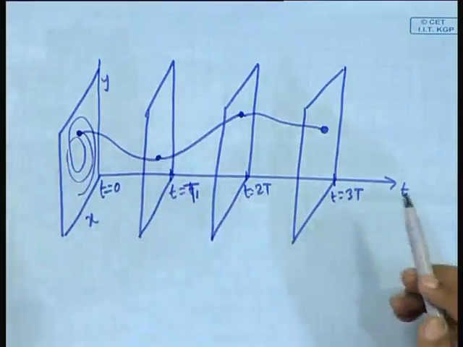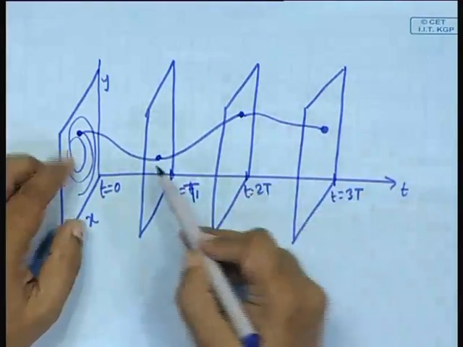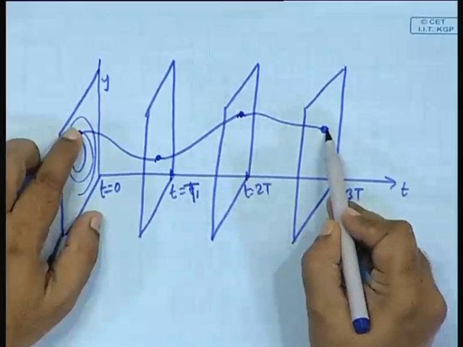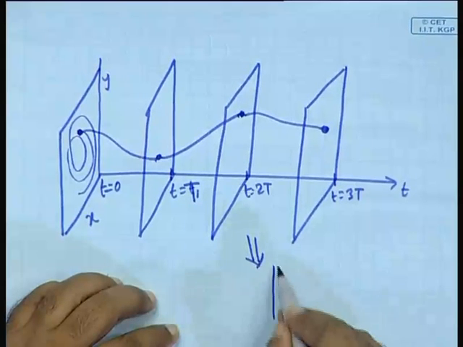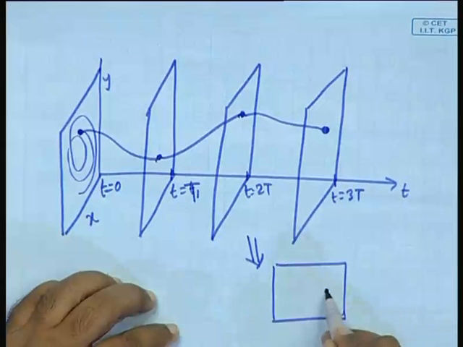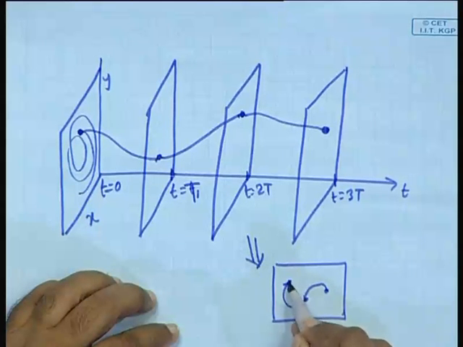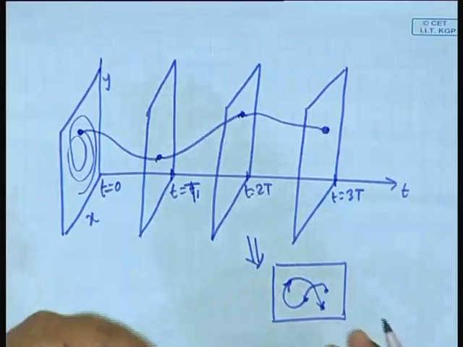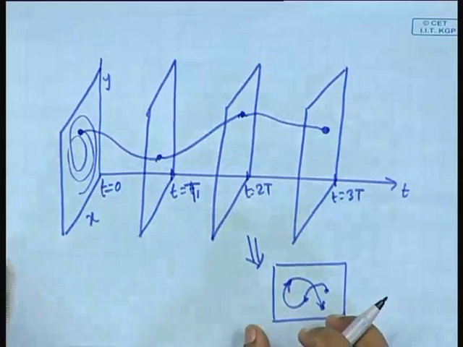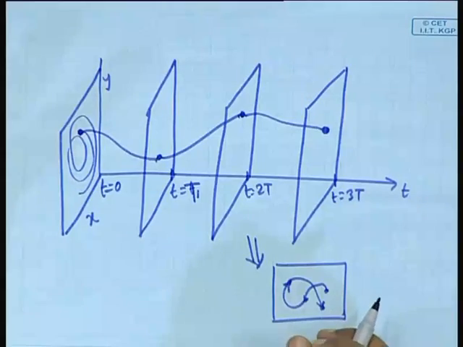So, that as it proceeds you will see it like this, and you will observe it discretely here. So, on that xy plane what will be there? Ultimately the whole result is that you will see a point mapping to a point, mapping to a point, and so on and so forth. Okay. That is the picture of the Poincare section in a non-autonomous system. Is that clear?